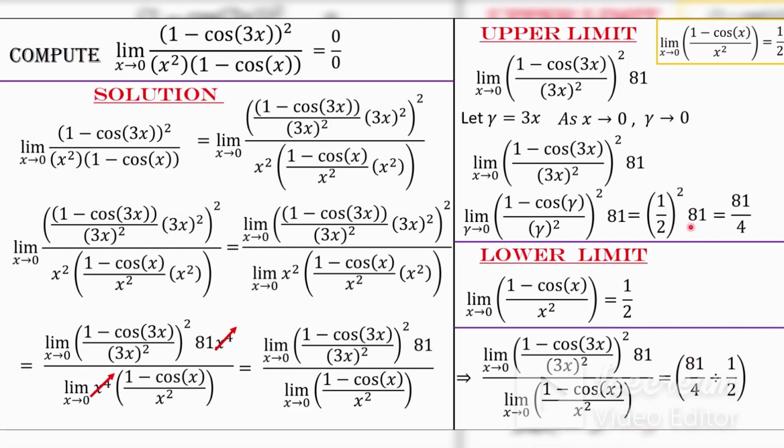We already calculated the upper limit, which gives us 81 divided by 4, then divided by the lower limit, a half, from which you can further simplify. We are going to obtain that limit to be equal to 81 divided by 2.